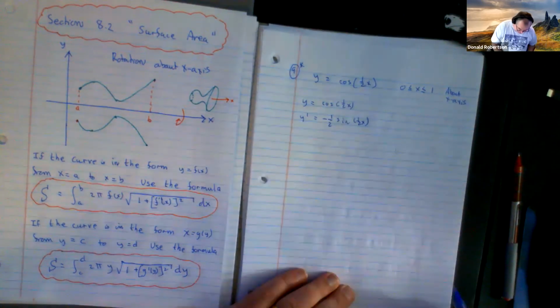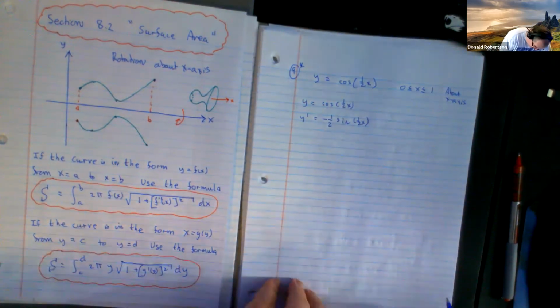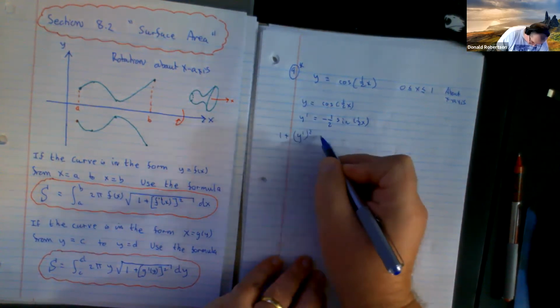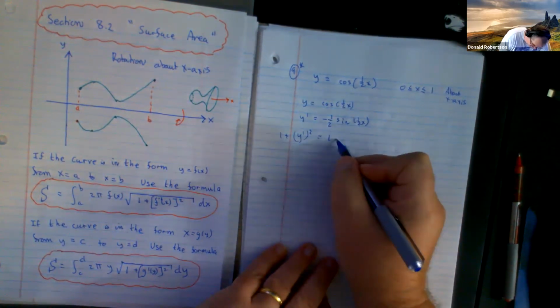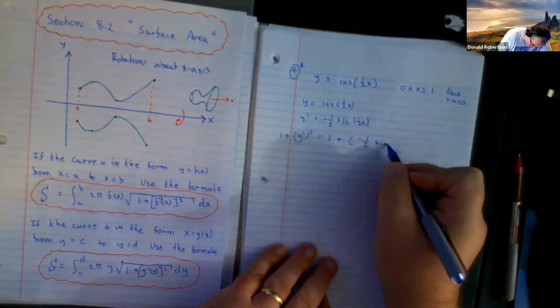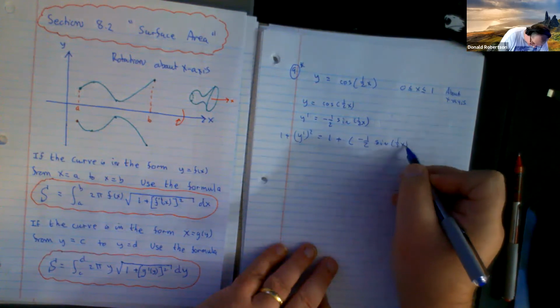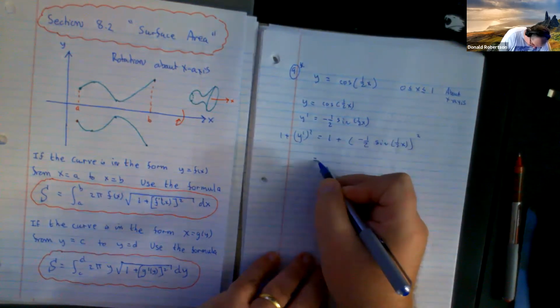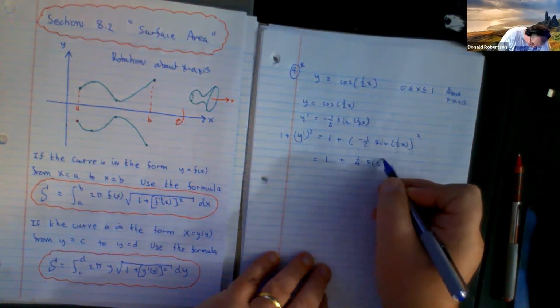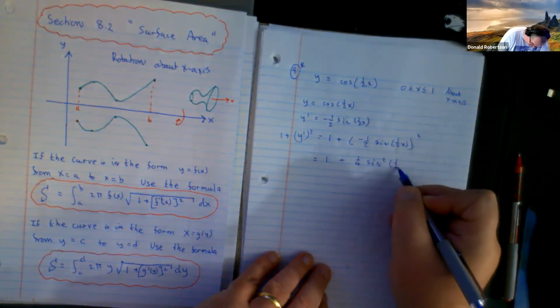So you get -1/2, the sine of 1/2 x. If you then add 1 to its derivative squared, you get 1 plus 1/4 sine squared of 1/2 x.